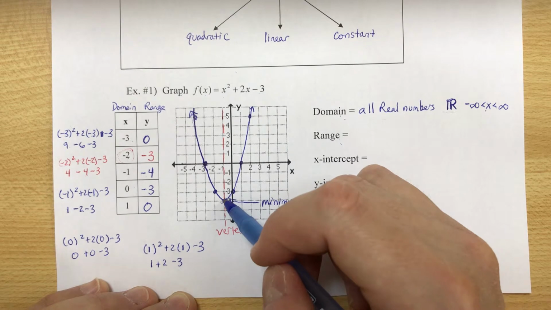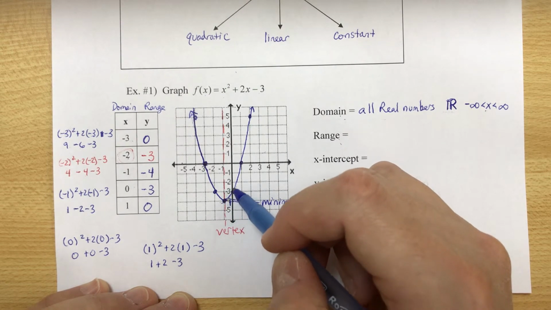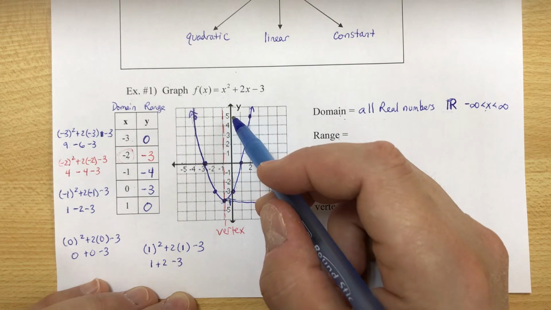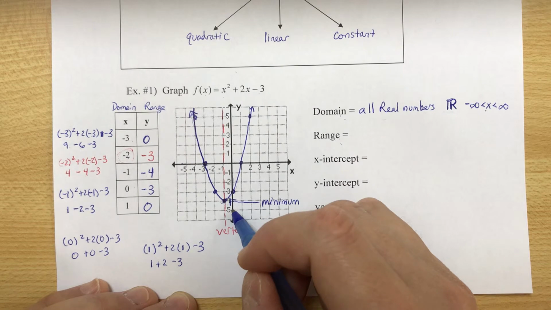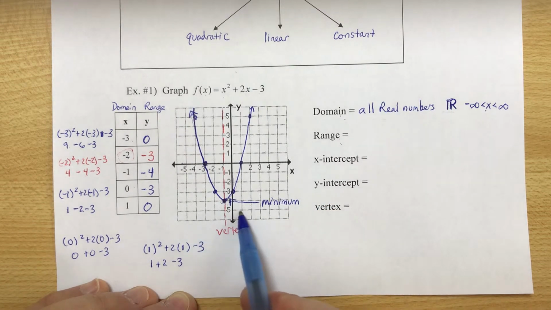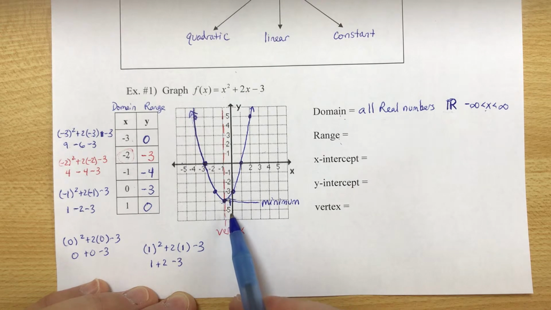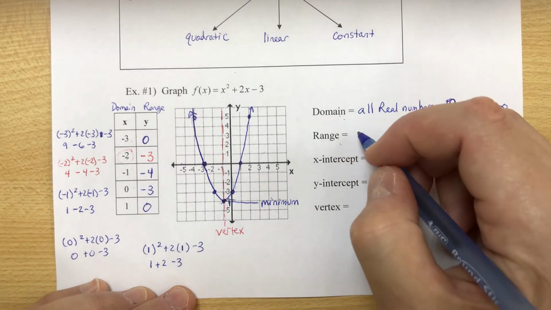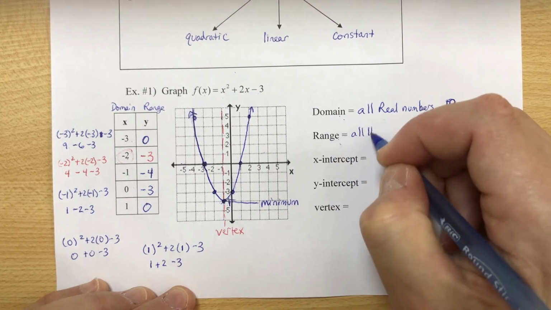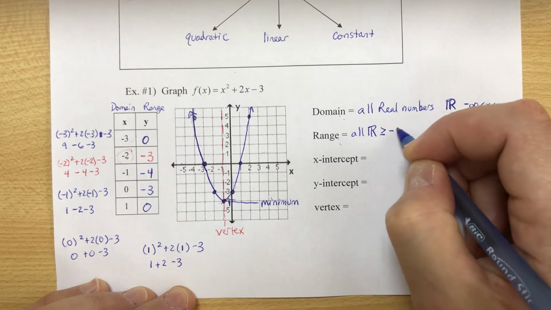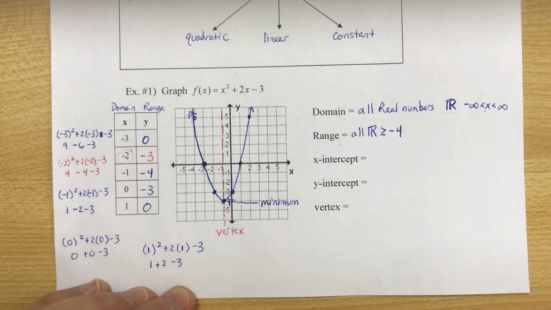So all the y values that are greater than or equal to -4 will have an x value. So they'll exist in the function. Now if I try -5, oh, there's no point where the y value is -5. So that's not part of the range. So the way we're going to write this, you can say all real numbers, I'll give the symbol, greater than or equal to -4.